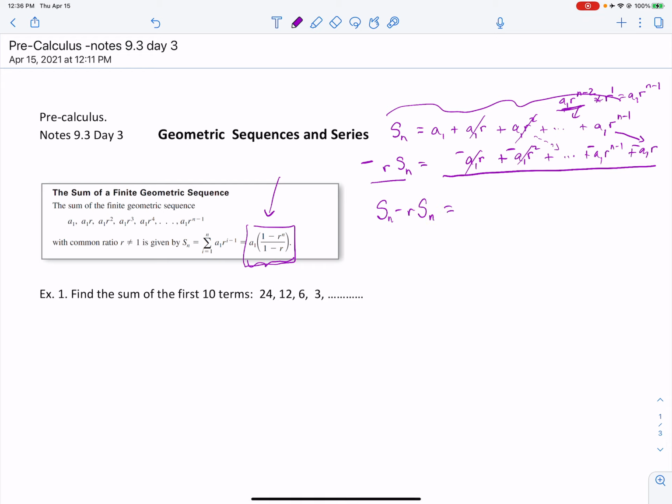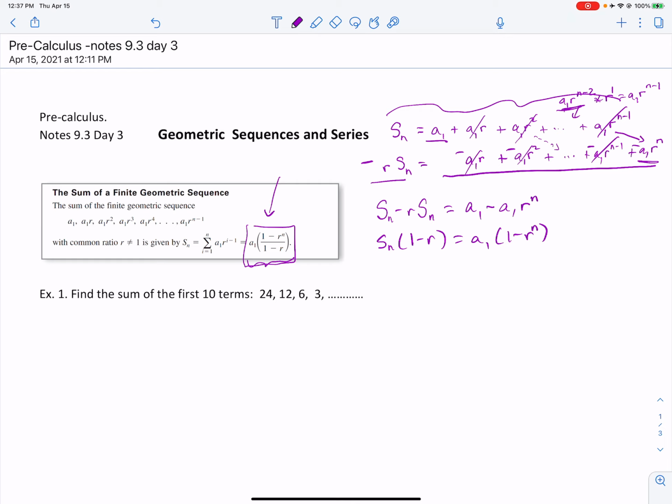And on the right-hand side, all of these are canceling except for the first term up here and the very last term, which is minus a sub 1 r to the n at the end. Then I pull out S sub n on the left, and I pull out a sub 1 on the right. Except I forgot to put r to the nth here. I don't know what happened to that, sorry. It's very important.